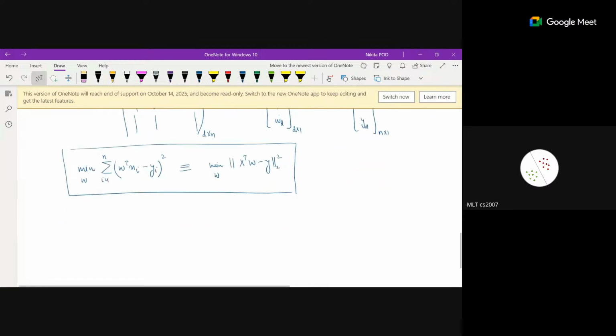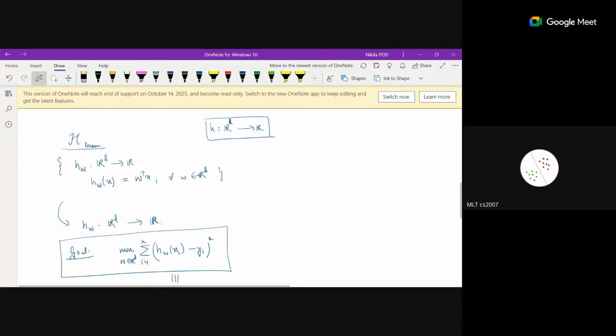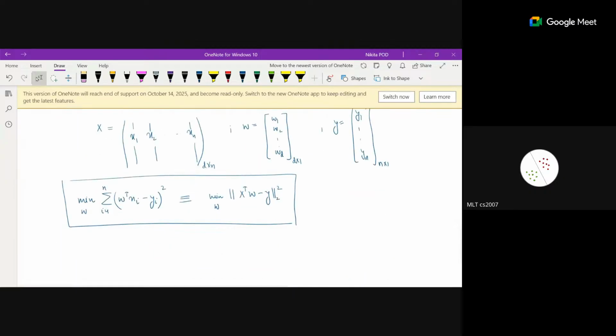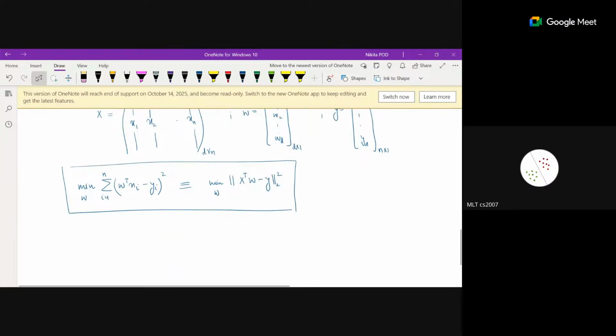So from where did we start? We started with the data set that we have, x1, x2, so on to xn. And we saw that the kind of functions that we want to learn are the linear functions. We defined it as the set of all h such that it takes a value, for any xi, W transpose xi. And our goal is to minimize this squared loss. In matrix notation, we can write this as the norm of x transpose W minus y squared.